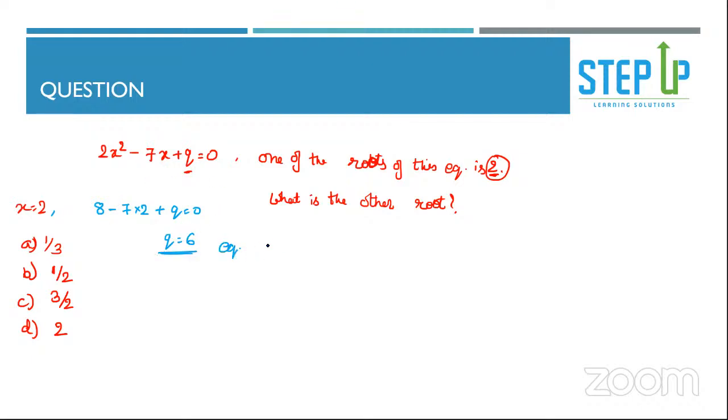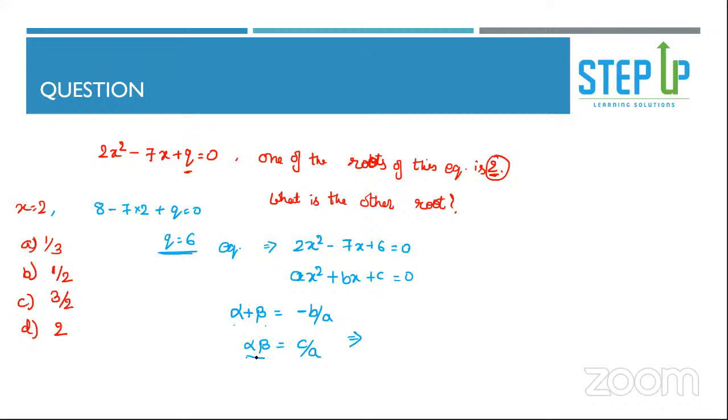So your equation will become 2x square minus 7x plus 6 equal to 0. Or you can say in terms of ax square plus bx plus c equal to 0, alpha plus beta is equal to minus b by a, and alpha into beta is equal to c by a, right? Now this alpha and beta are nothing but the roots.